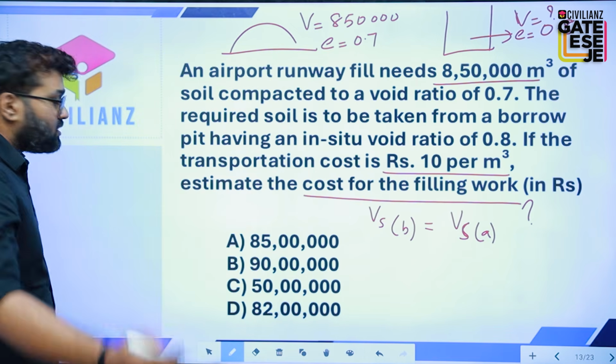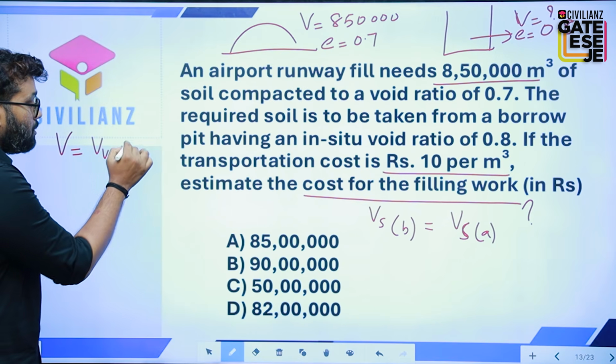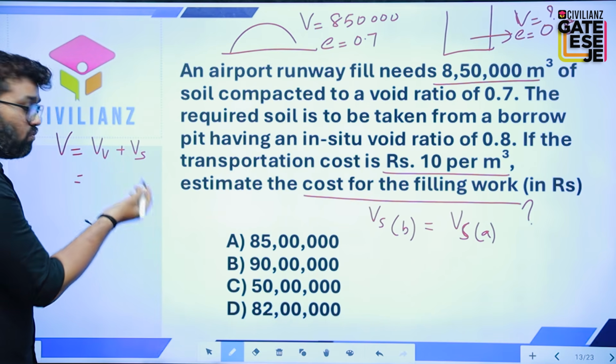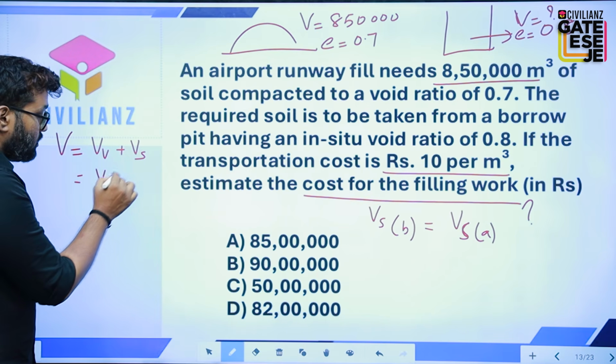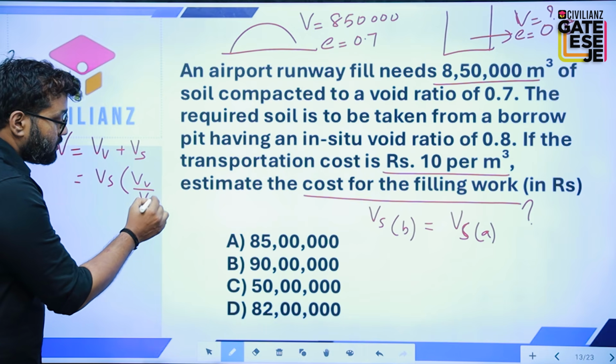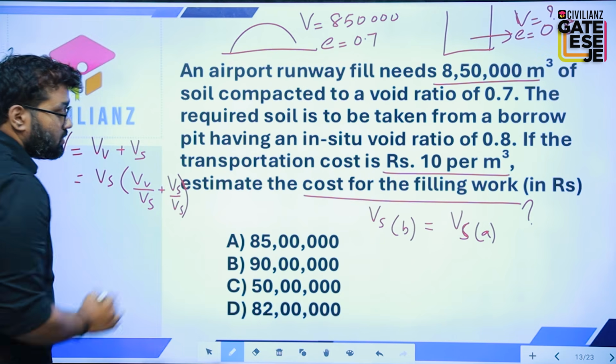We know that the total volume is equal to volume of voids plus volume of solids. We can take volume of solids outside. So we'll get Vs into volume of voids by volume of solids plus volume of solids by volume of solids.